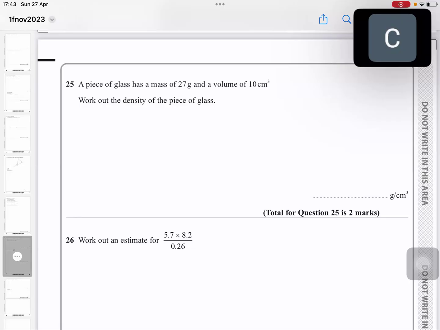Do you remember what we did when we said 48 times 10 in the previous question? When you multiply a number by 10, do you remember what we said? The decimal point moves one place to the right-hand side. Whenever you multiply by multiples of 10, the decimal point will move to the right-hand side.